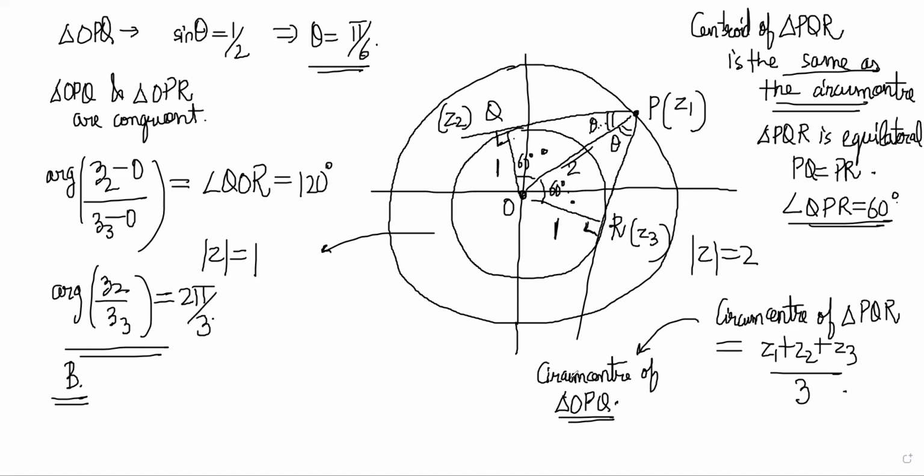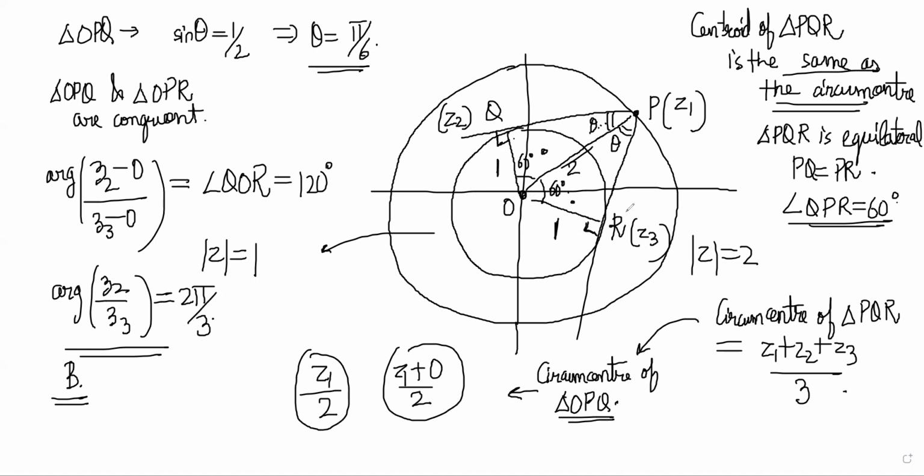That point is equidistant from Q, P, and O. Triangle QPO is a right angle triangle, and the circumcenter must be the midpoint of the hypotenuse. So that will be basically (Z1 plus 0) by 2. So Z1 by 2 is my circumcenter of triangle OPQ.